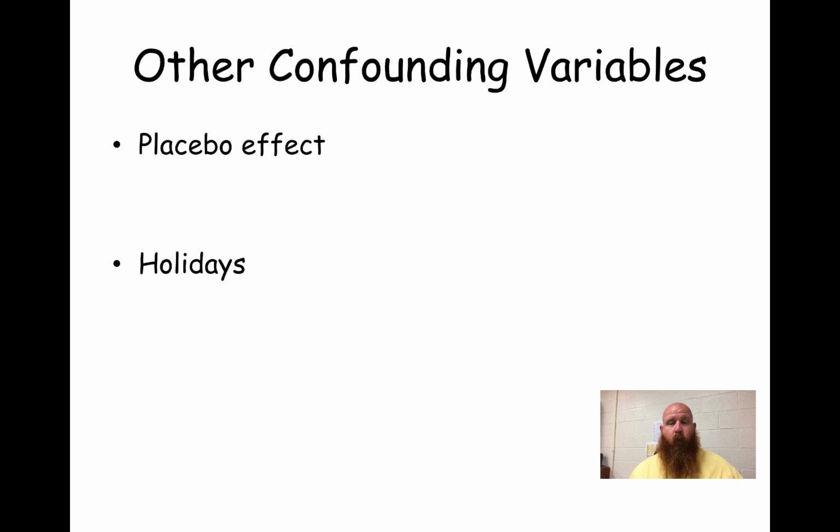A lot of times, those that are getting the sugar pill will all of a sudden get some changes happening. So that brings up the question, is it the drug or is it the person's mind thinking they're getting the drug? Holidays can be confounding variables because people change. Even the time of day, if I'm doing an experiment at 8 o'clock in the morning versus noon versus 3 o'clock in the afternoon when people have been awake all day and getting tired, can have a change in behavior.